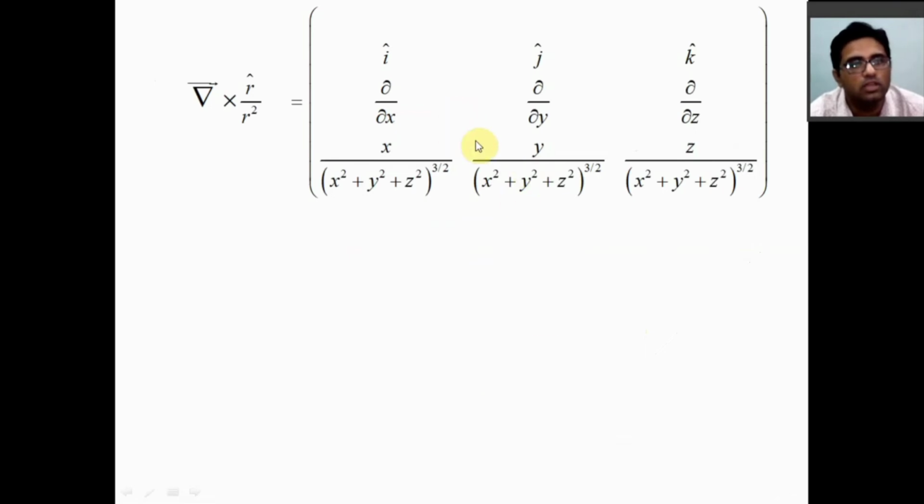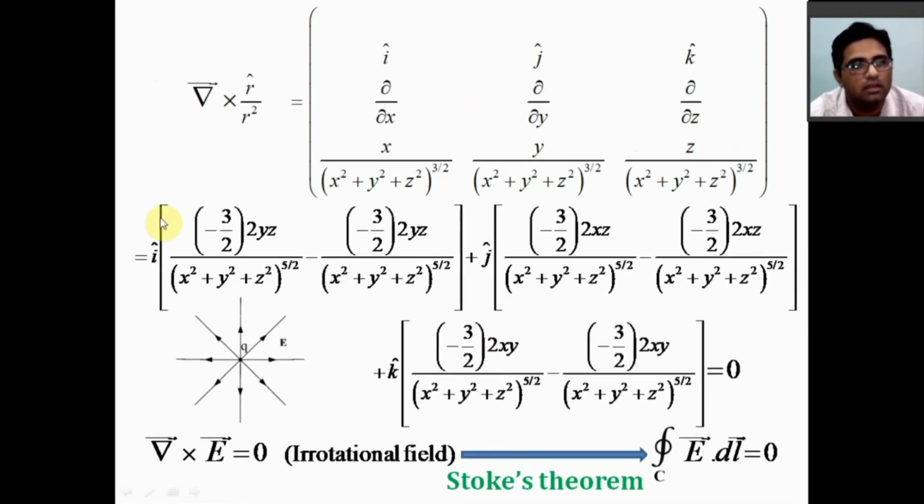Now if we do this, then the i component will be like this. How is it coming? Let's do that. In the i component you have to operate del/del y on z by (x square plus y square plus z square) to the power 3 by 2, then minus del/del z of y by (x square plus y square plus z square) to the power 3 by 2.